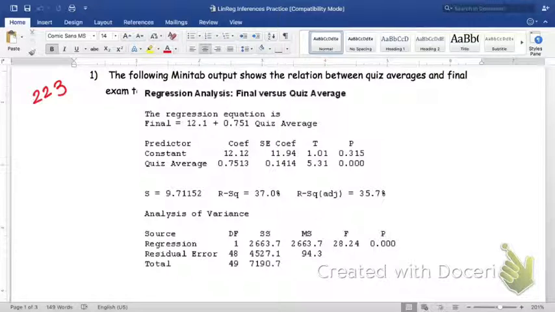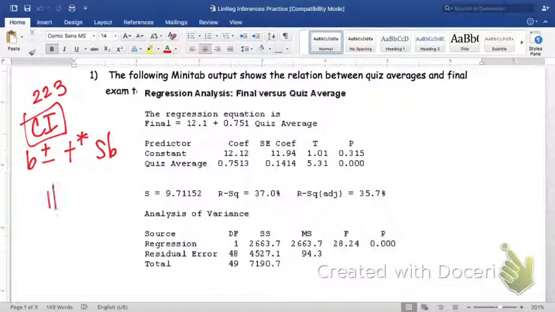So the things that you would want to add on, or that would look a little bit different on your write-up, is if you were doing a confidence interval. So I think, at the bottom, right, wants you to do a confidence interval write-up. Remember that the formula is B plus or minus T star SB. And then if you're doing a hypothesis test, T equals B over SB.